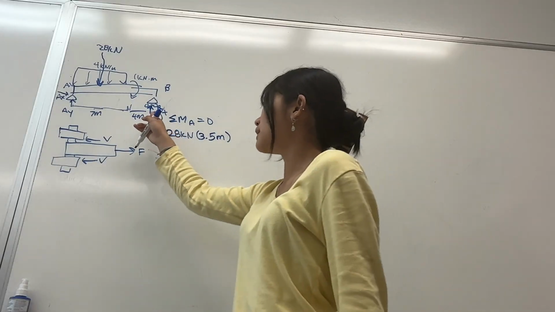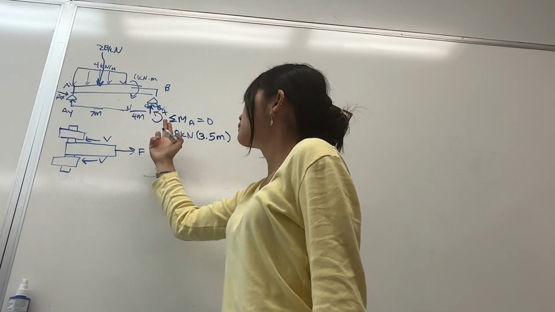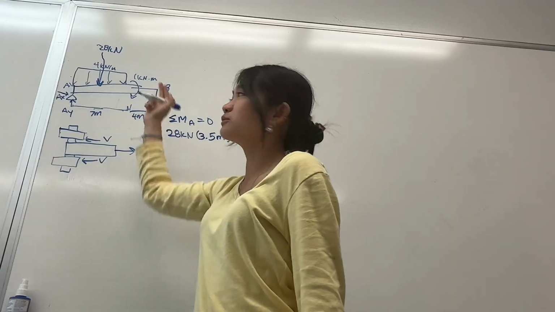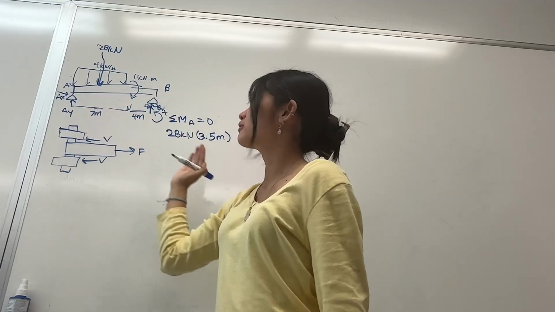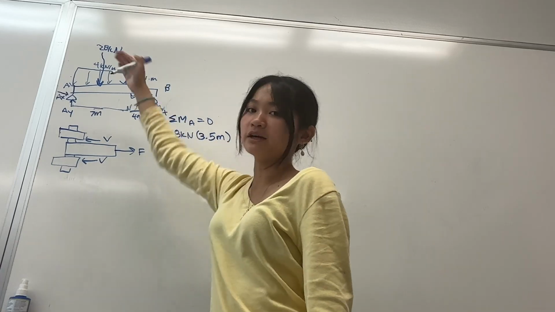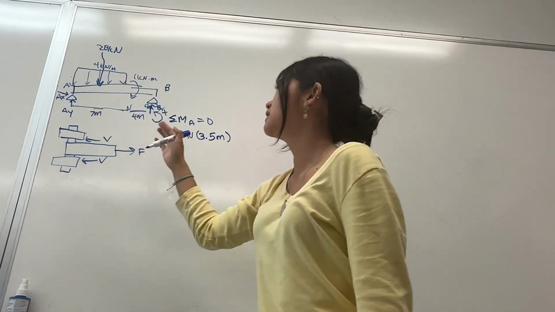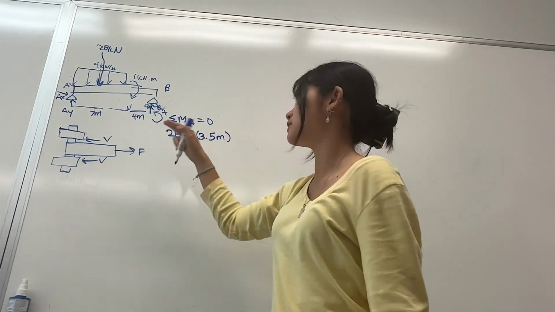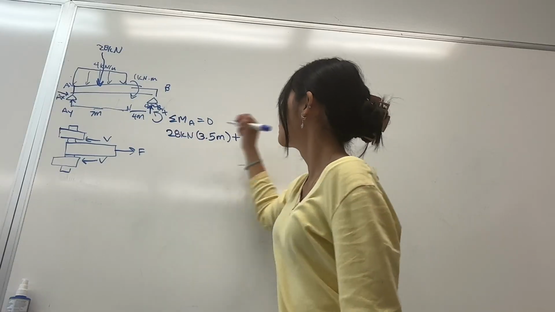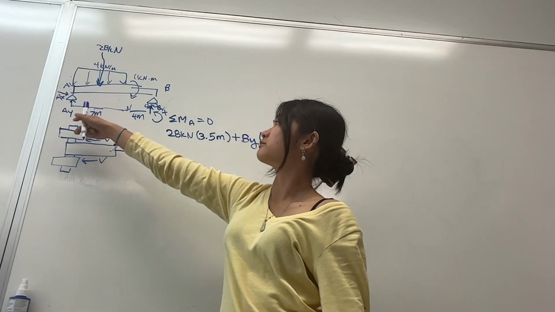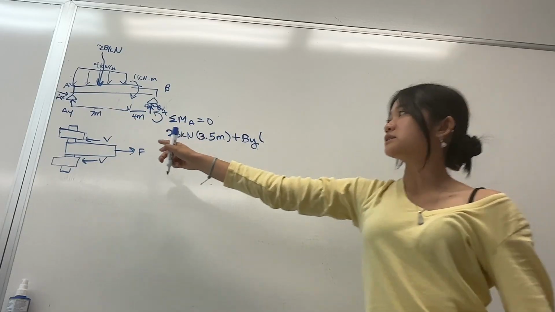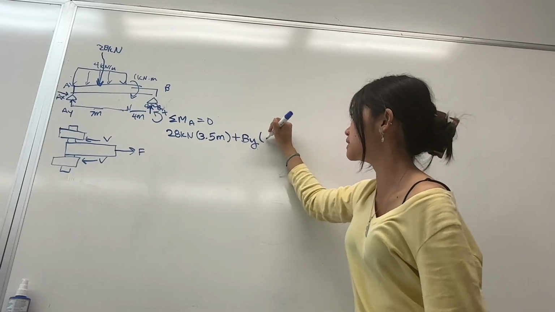Because we have By here, if this were pushing upward, this would make our beam rotate counterclockwise, and that would be positive, right? So positive force By multiplied by the distance from A to B. So that is 7 plus 4, which is 11 meters.